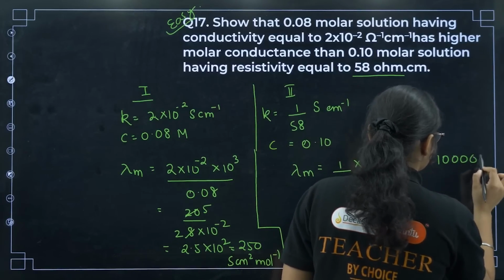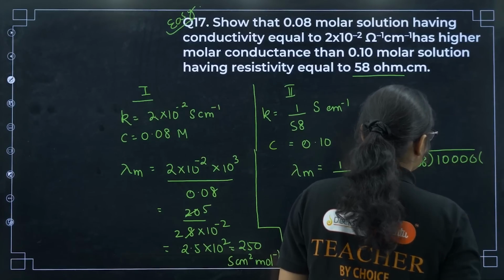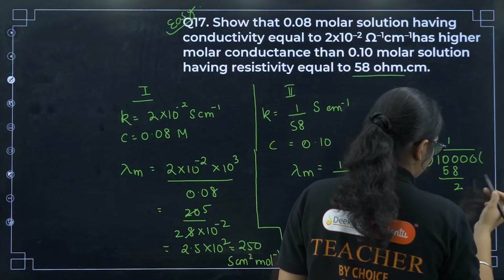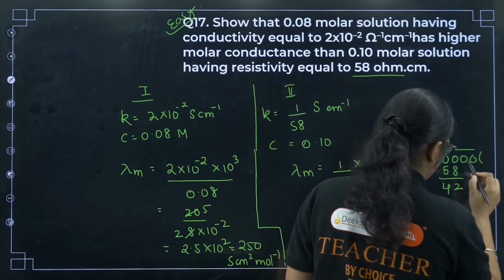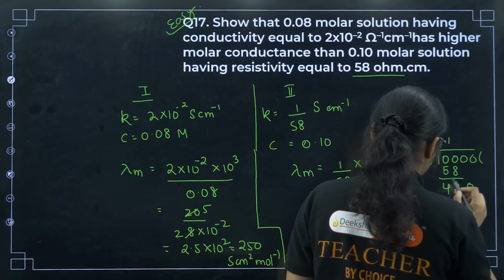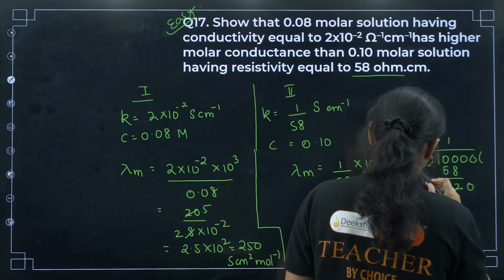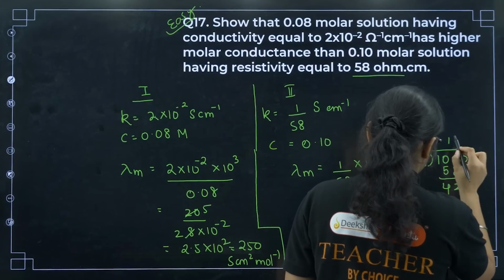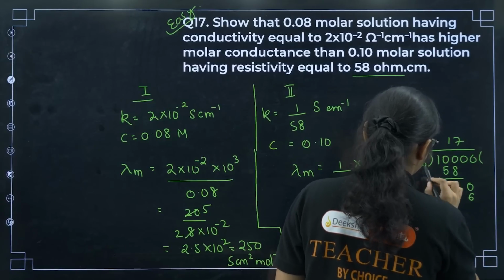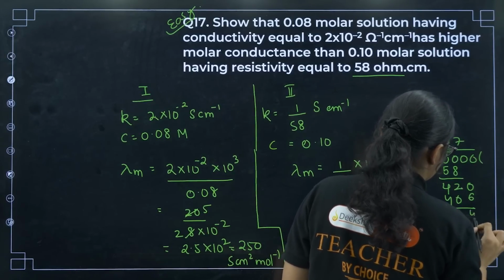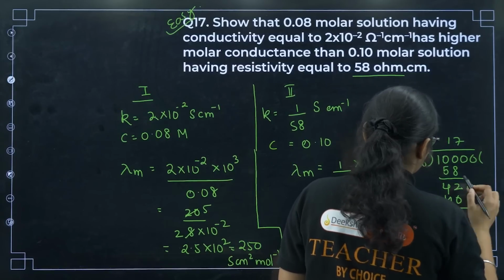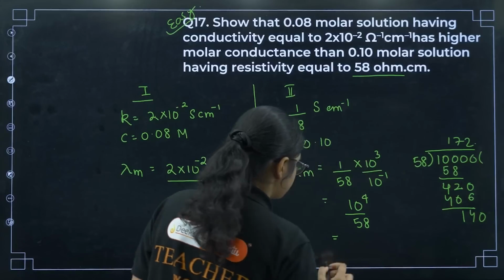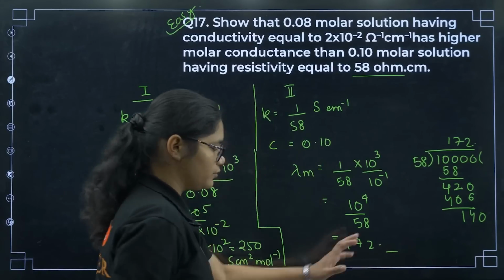I don't have a calculator, so I have to solve this one. 8 8s are 64, 8 5s are 40, 7 8s are 56, yeah, I can try 7 here, right? 7 8s are 56, 7 5s are 35, plus 5 is 40. So I'll get 10 minus 6, 14, then one more time, 3 2 8s are 16, 2 something it will come, right? So I can say 172 point something. You can do the calculation properly.